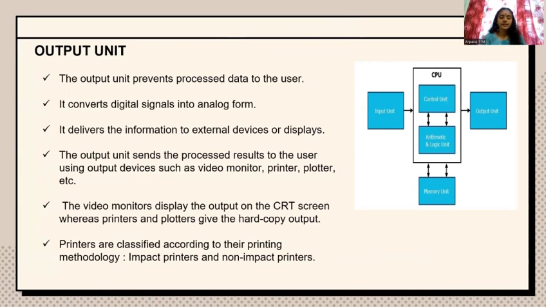The output unit sends the results to the user by using output devices such as a video monitor, printer, plotter, etc. The video monitor displays the output on the CRT screen, whereas printers and plotters give hard copy output. Printers are classified according to the printing methodology, like impact printers and non-impact printers.